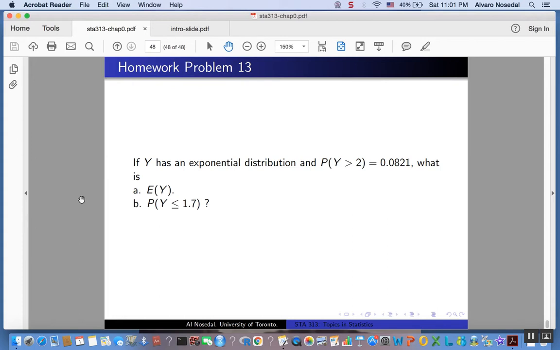What we know is that the probability that the random variable is greater than 2 is roughly 8%. Using that fact, somehow we have to come up with the expected value of y and the probability that y is less than or equal to 1.7.